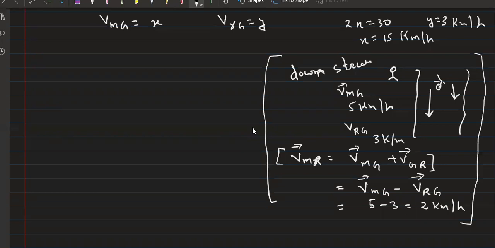Suppose I have given you velocity of man with respect to river as 15 km per hour, and velocity of river with respect to ground as 3 km per hour. Find velocity of man with respect to ground.